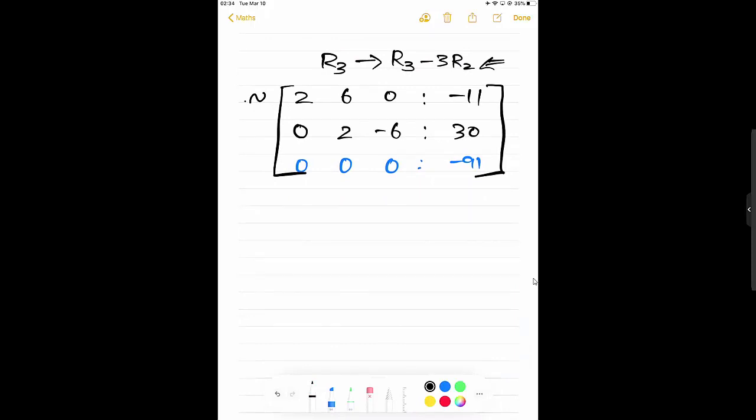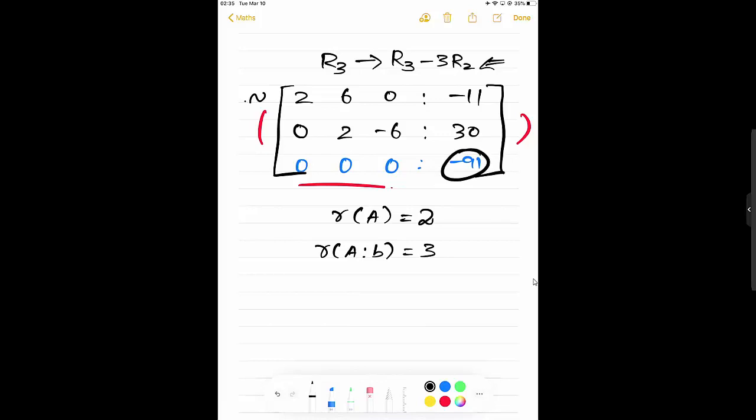From this, what can we conclude? Rank of matrix A, nothing but this value, equal to 2, that is the number of non-zero rows. Then the rank of the augmented matrix, that is this full matrix, is 3 because this element is not equal to 0.